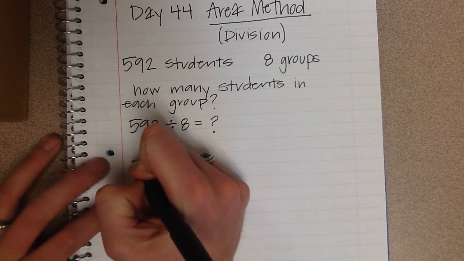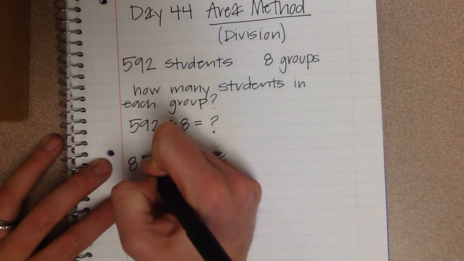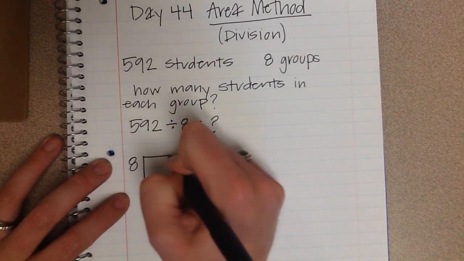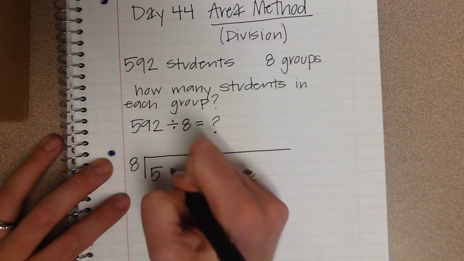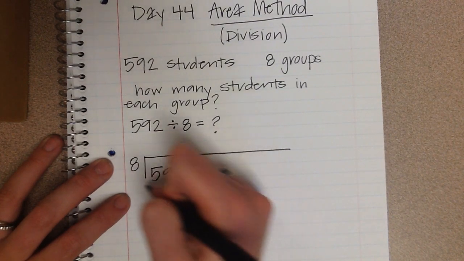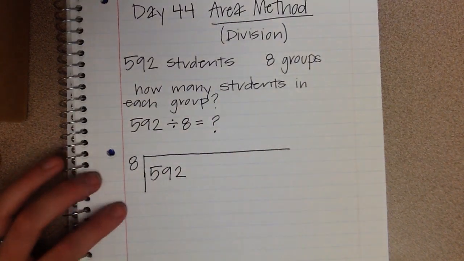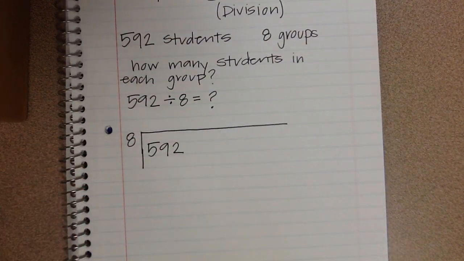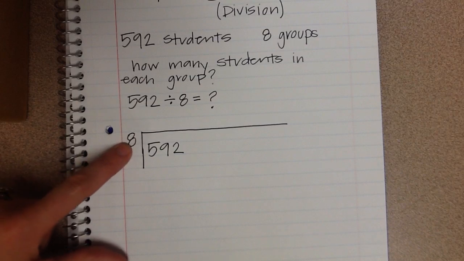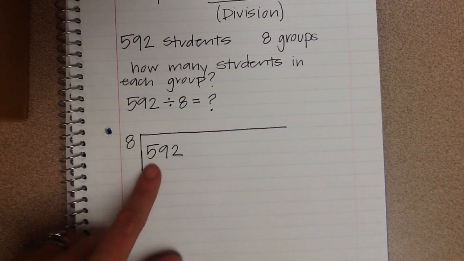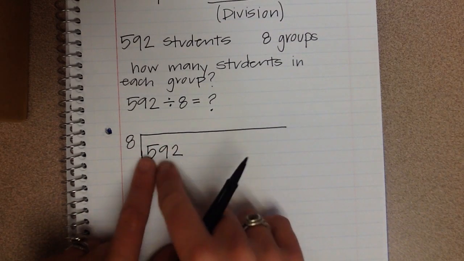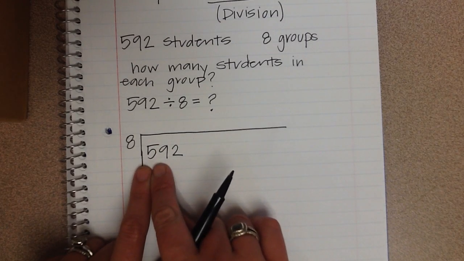So what I'm going to do is I'm going to put the 8 there. I'm going to draw a really long line. 592. Okay, so I'm first going to say, does 8 go into 5? Well, 8 does not go into 5, but I know, what's the value of that 5?